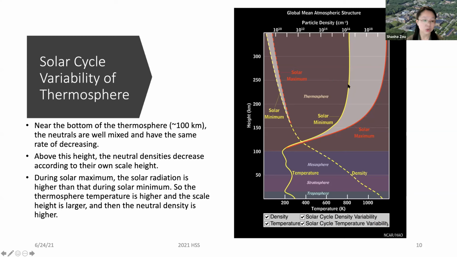When the neutral gas is hotter, it tends to expand, so the thermosphere density is very sensitively controlled by temperature. During the solar minimum, the density is the lowest, right? Because the temperature increases during solar maximum, the density also increases during solar maximum years.